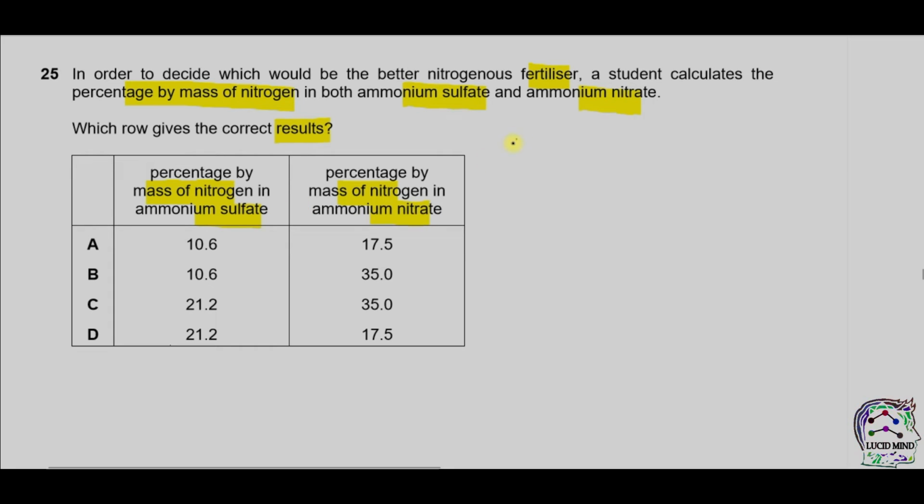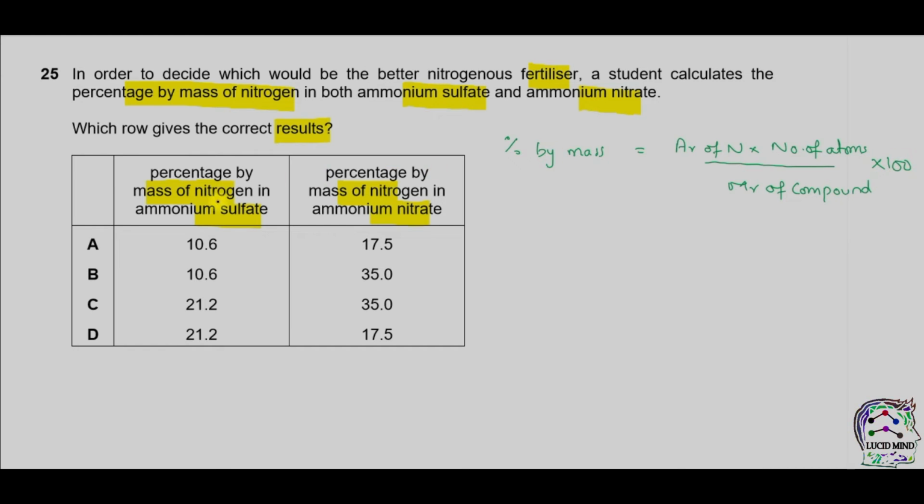We can use the formula percentage by mass is equal to atomic mass of nitrogen into number of atoms of nitrogen divided by the molecular mass of whole compound multiplied by 100.